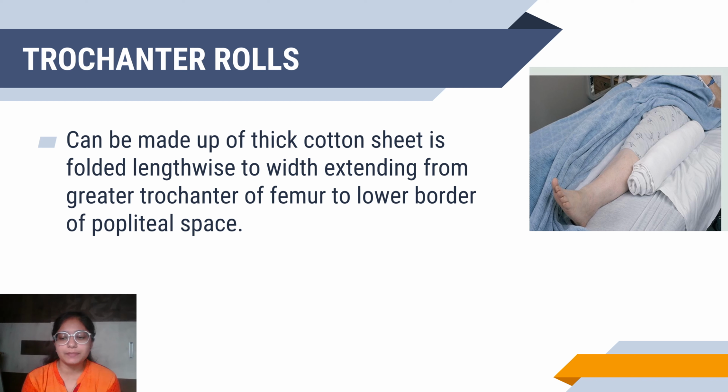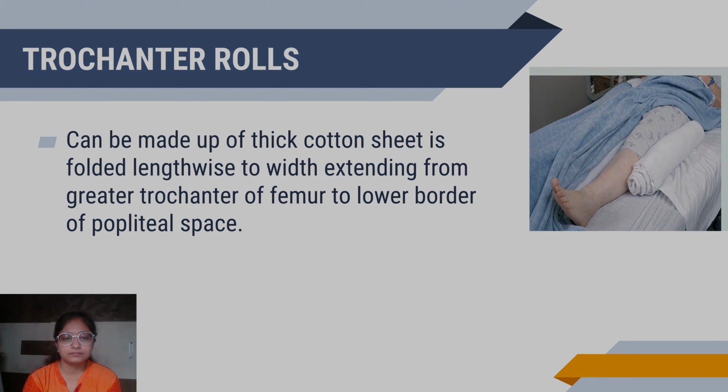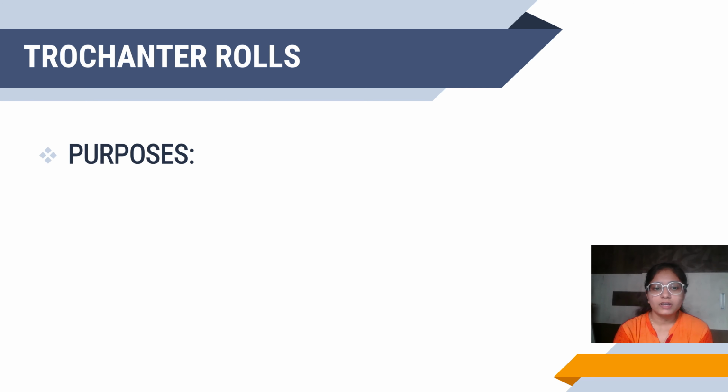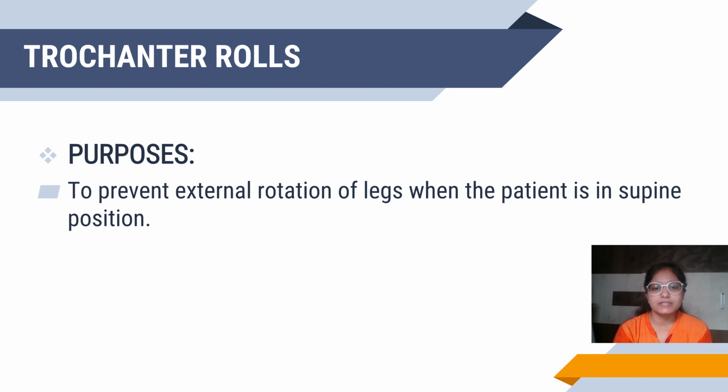The popliteal space is the back portion of the knee joint. Now, purposes of trochanter rolls. They help in prevention of external rotation of legs when the patient is in supine position or sleeping.